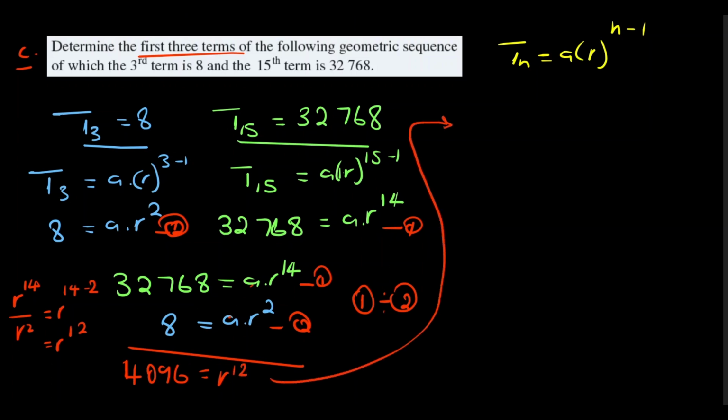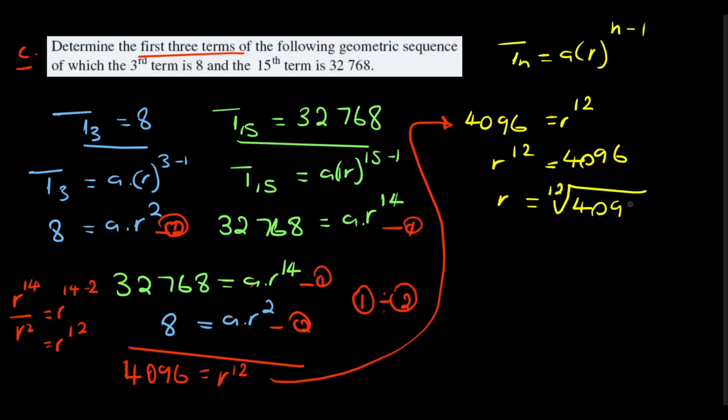So we can take this working and continue solving for R. We have 4096 equals R to the 12, the same as saying R to the 12 is equal to 4096. How do we get rid of that 12? We can take the 12th root of 4096.